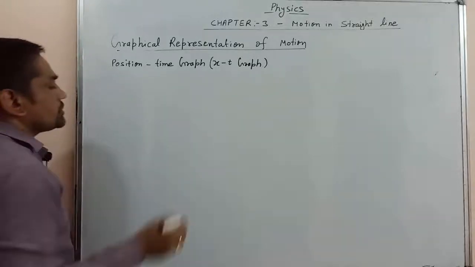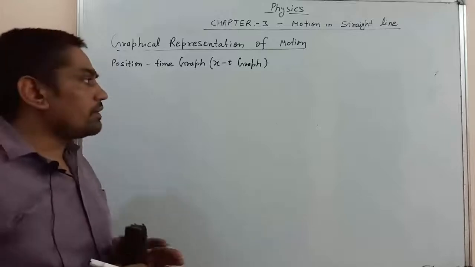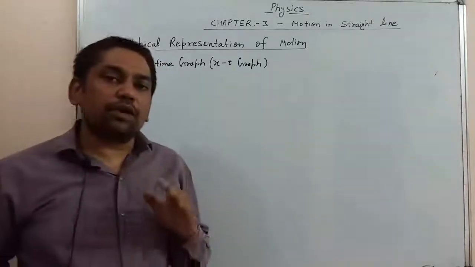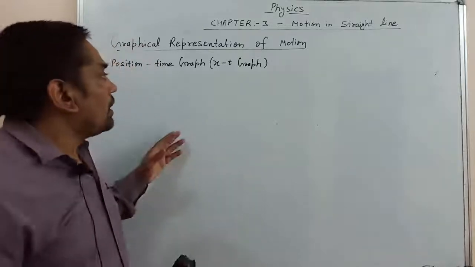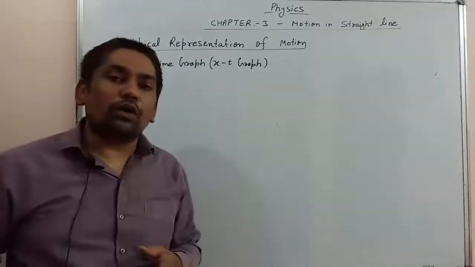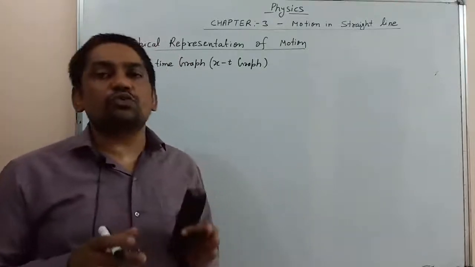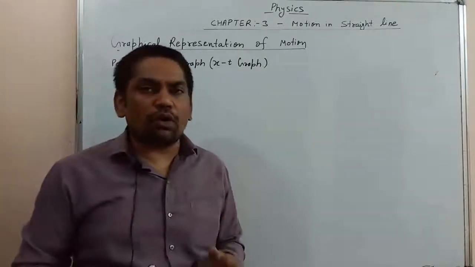So in position time graph, we take time on x-axis and displacement on y-axis. So we have to relate these two quantities according to the motion of the object.